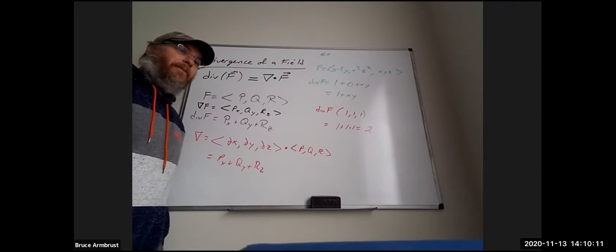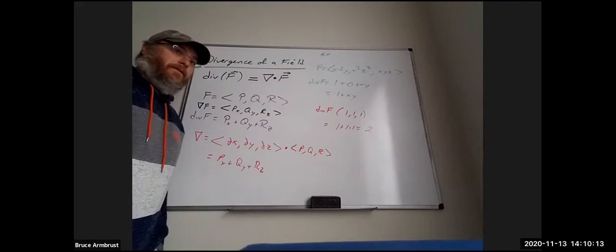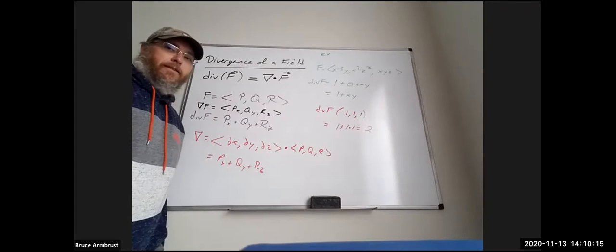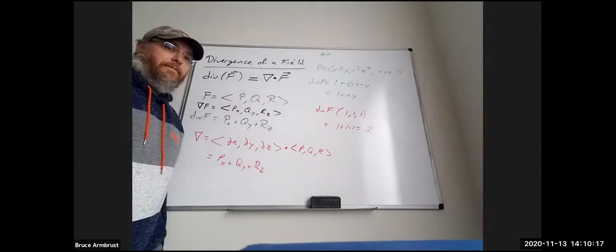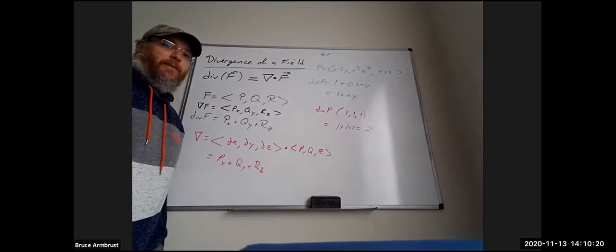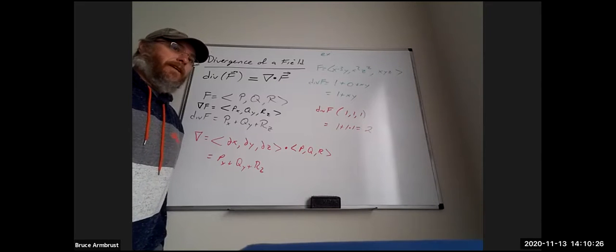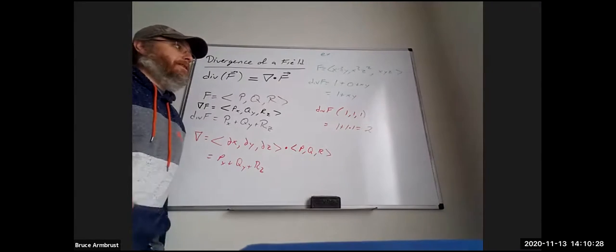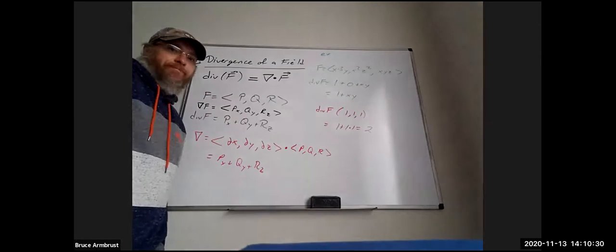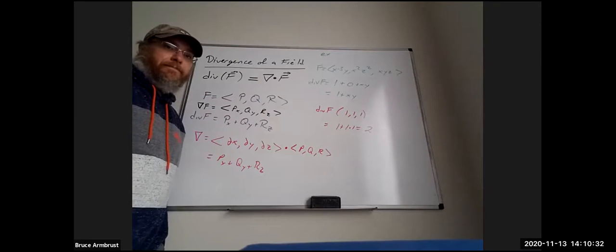Hey, you guys remember source-free fields from last time? They were the ones that no matter what our closed curve is, we get a flux of 0. Well, for a source-free field, you're going to see the divergence is 0 everywhere.